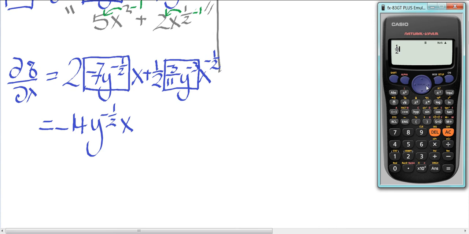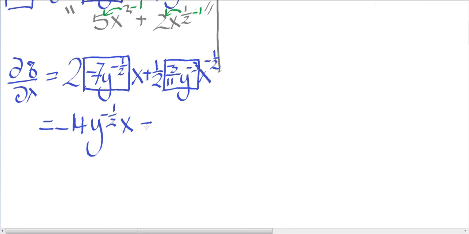So I have a half, and I can write them beside each other, 3 over 11. Oh, whoops, maybe that wasn't a great idea. Let's clear that again. So maybe we'll just do a half by 3 over 11. And the calculator gives me back a fraction answer, and that's 3 over 22. So plus 3 over 22, y to the minus 3, x to the minus a half.